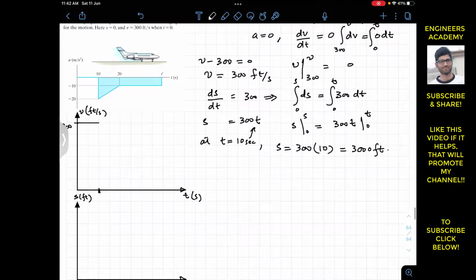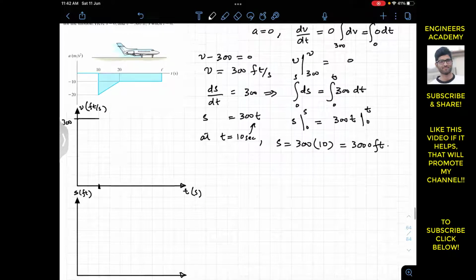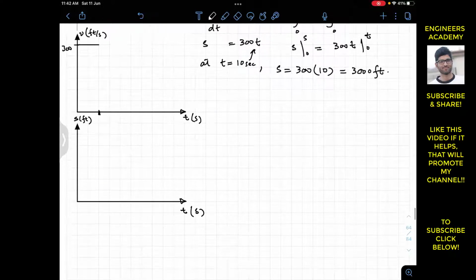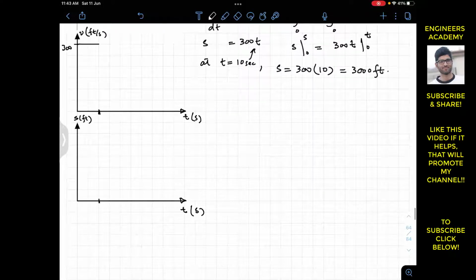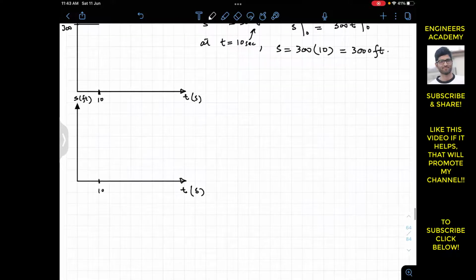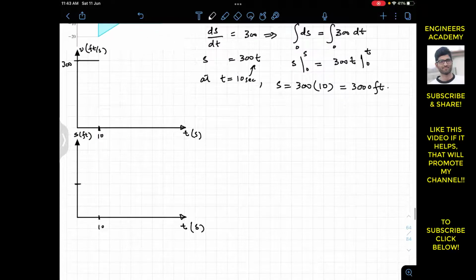So in 10 seconds the jet plane travels 3000 feet. Let me write this is 10 and this is 10. Now let's say one box represents 1000, so 1000, 2000, 3000. Somewhere here is 3000, and this represents s equals 300t.